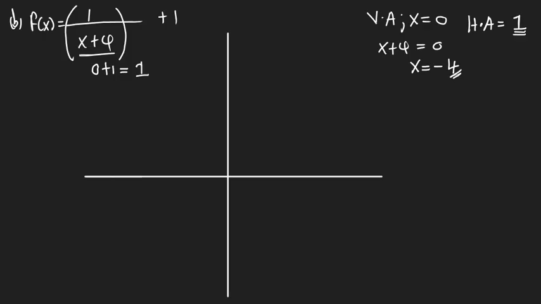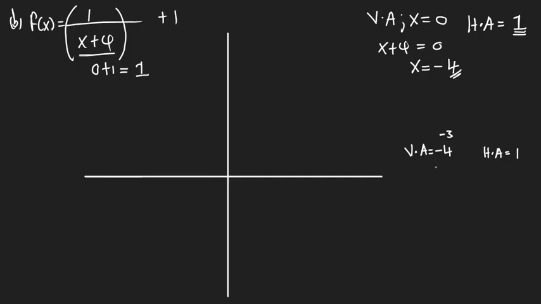I'm going to get my vertical asymptote. Vertical asymptote, I have it is -4. Then I'm going to get my horizontal asymptote. It is 1. I'm going to get a number which is above -4. What number is that? -3. Again, a number which is below -4.